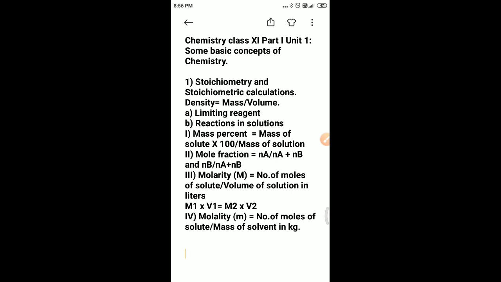Mass of solution is 2 gram plus 18 gram of water, which is 20 gram. 2 gram divided by 20 gram multiplied by 100. The 0 will be cancelled, then we get only 10, that is 10%.